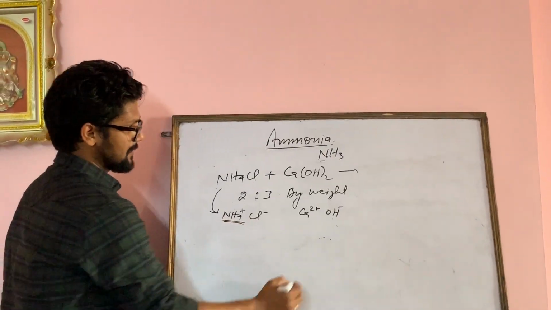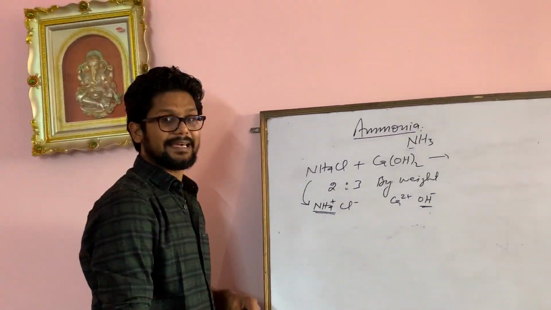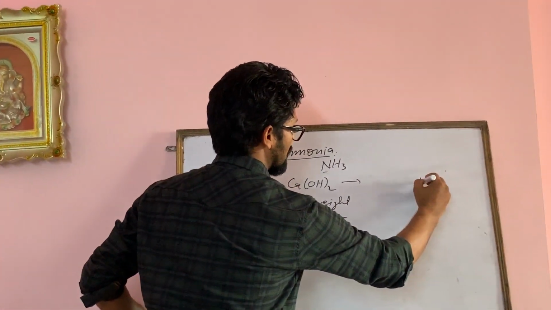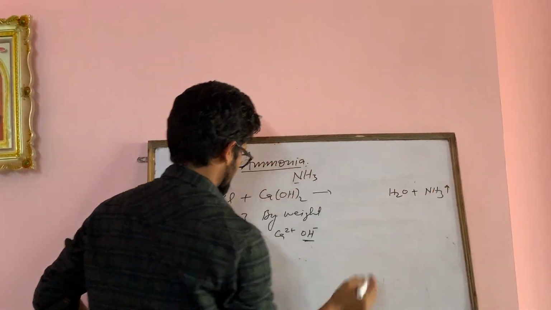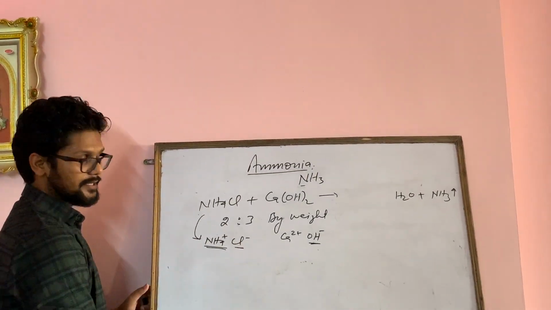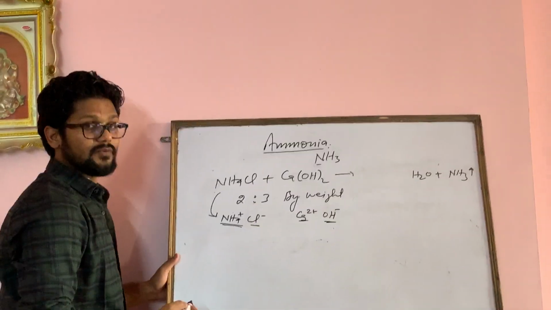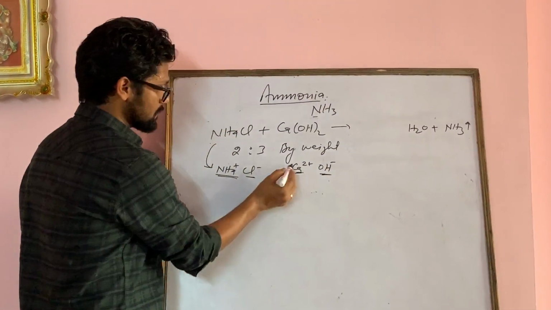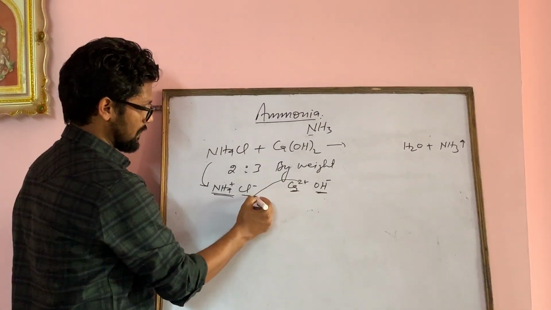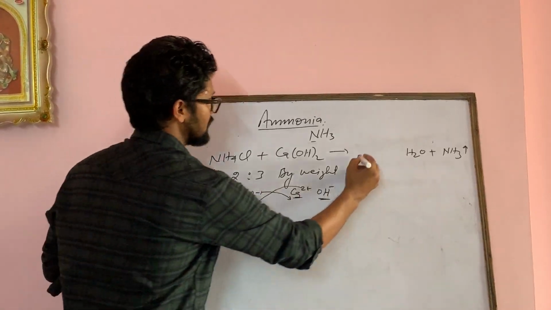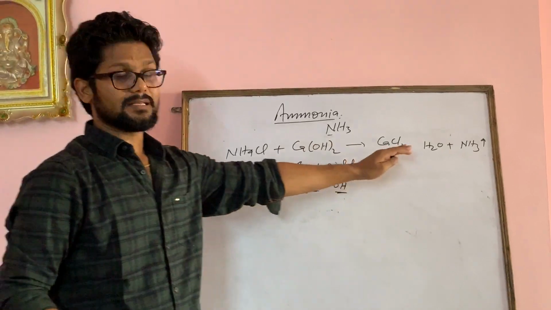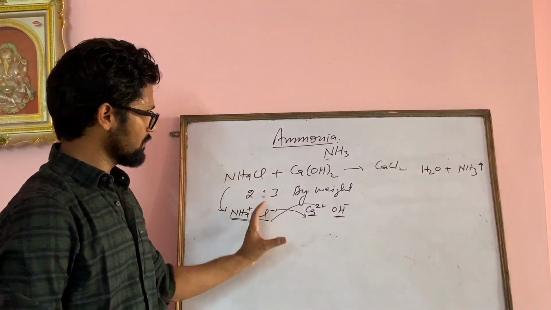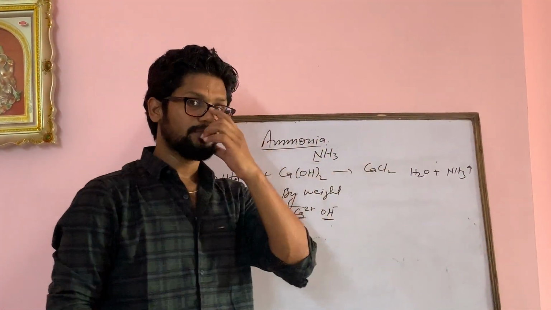Positive of the first goes with negative of the second and gives water plus ammonia, and negative of the first reactant goes with positive of the second reactant. Cross multiply the radicals and it gives CaCl2, and then we have to balance the equation. So by this method ammonia gas is prepared.